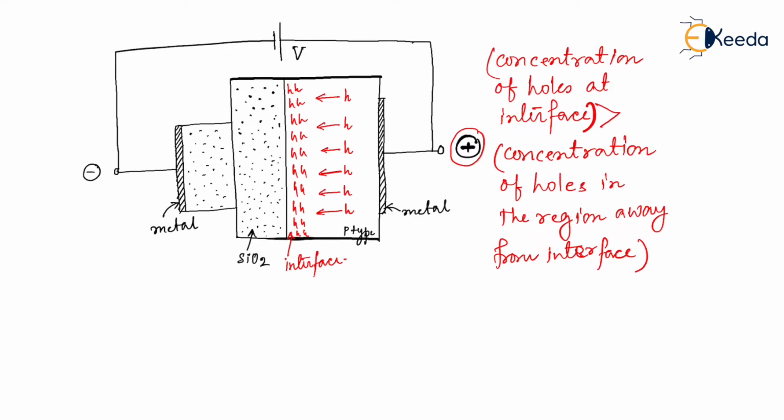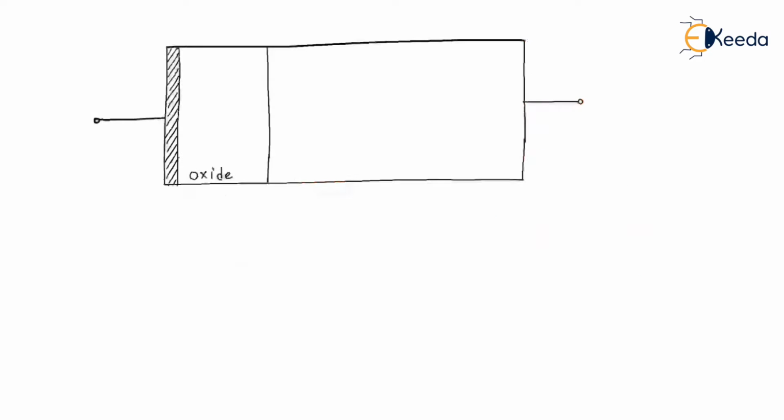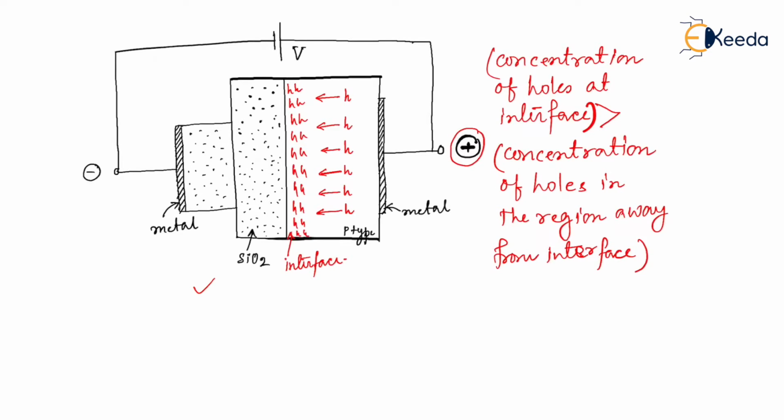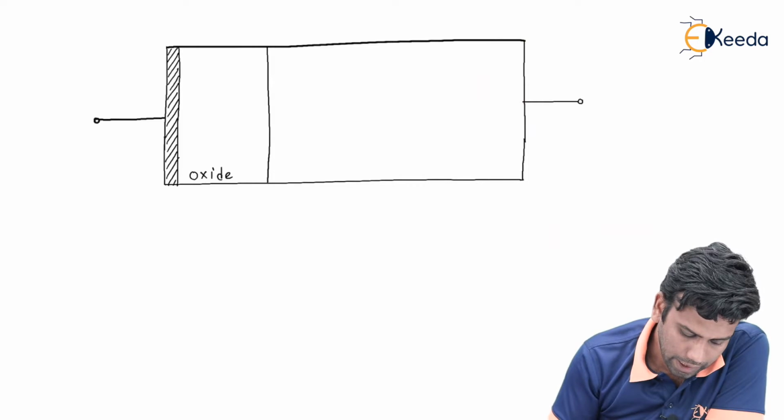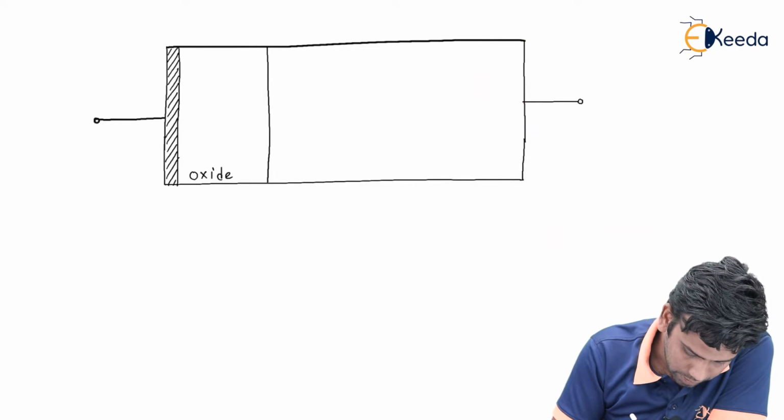This total diagram can be simplified in such a way like this. So I have drawn the previous diagram into a simplified diagram like this, where I have given a metal here.